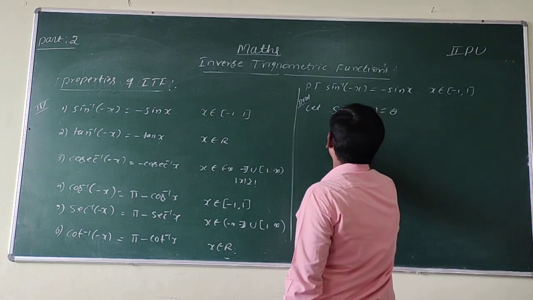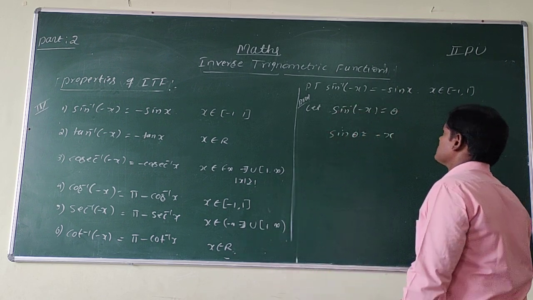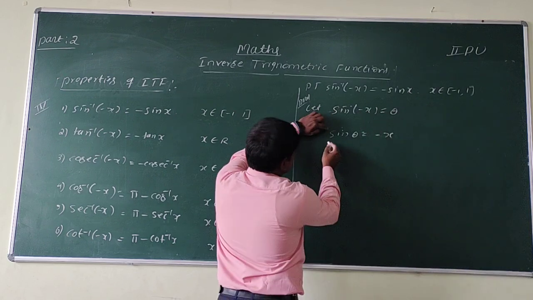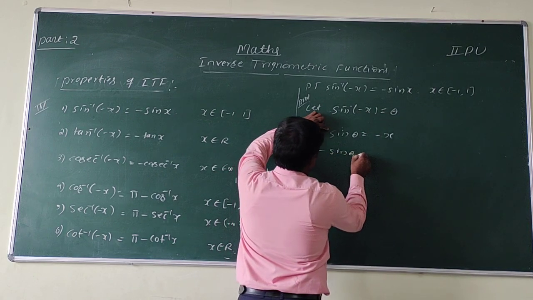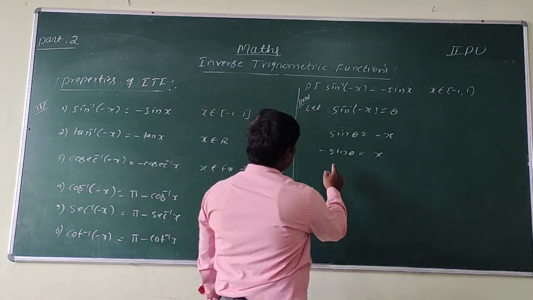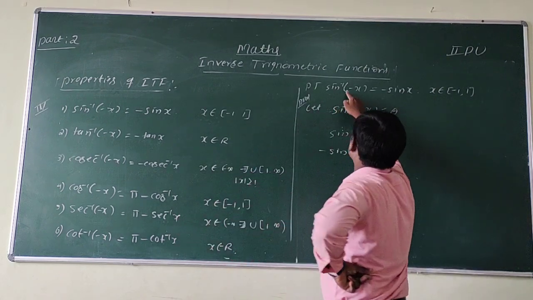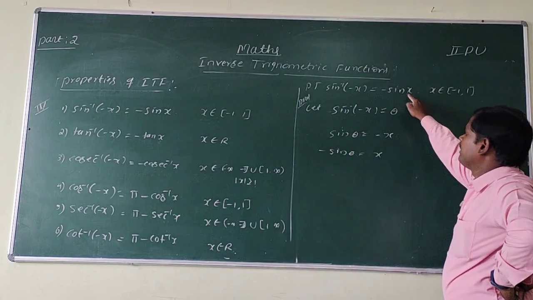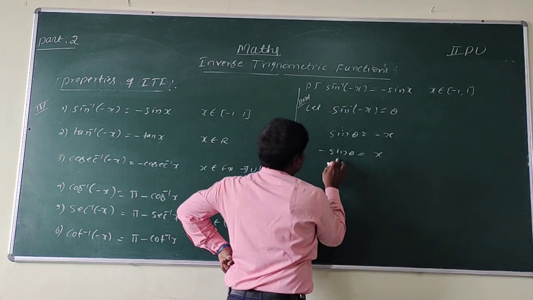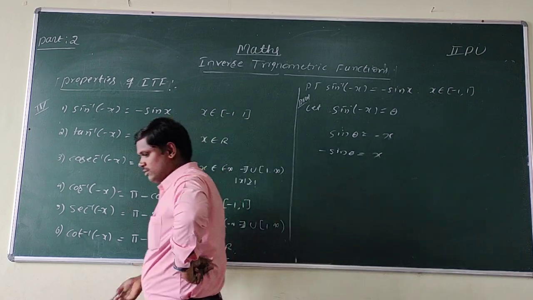Then sine theta is equal to minus x. Sine theta is equal to minus x. So I take the minus to this side: minus sine theta is equal to x. Okay. So then, observe here, we are going to do sine inverse of minus x. So I am taking that sine is, just a minute.